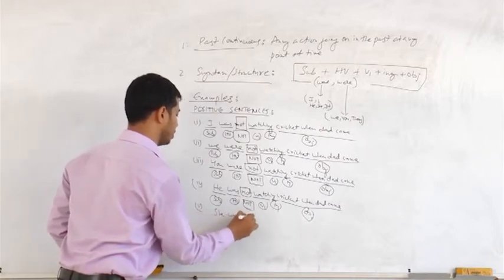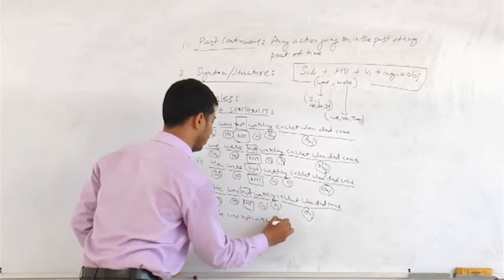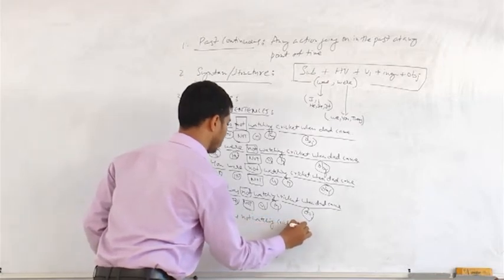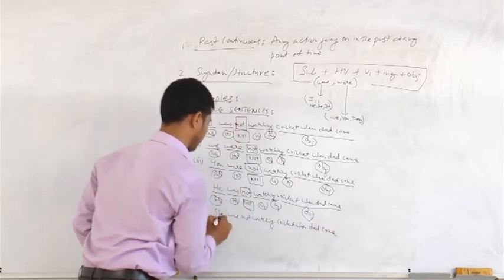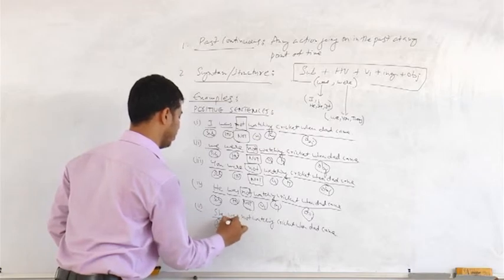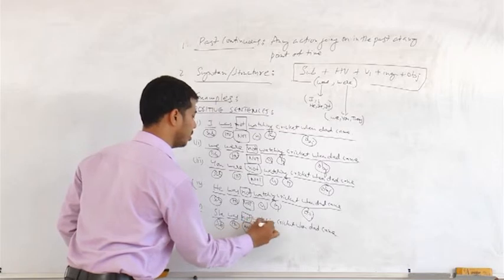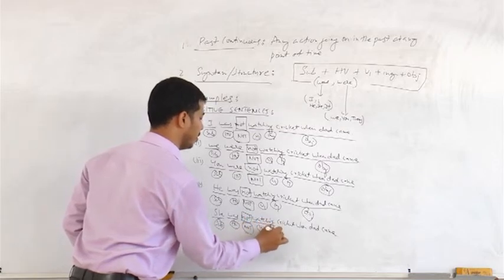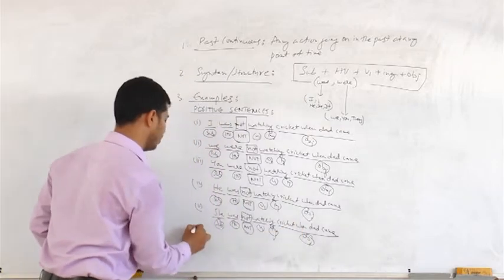She was not watching cricket. Subject, helping verb, negative meaning, not, v1 ing, and what? Object. And the last one we are using they.